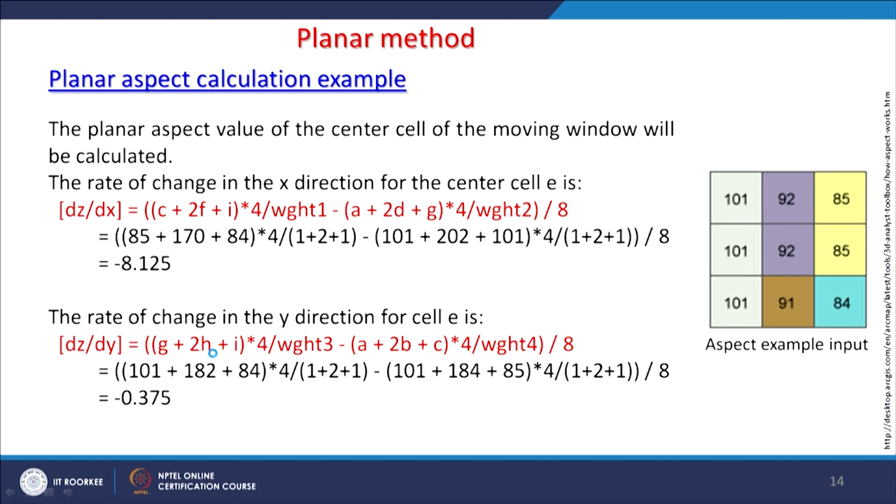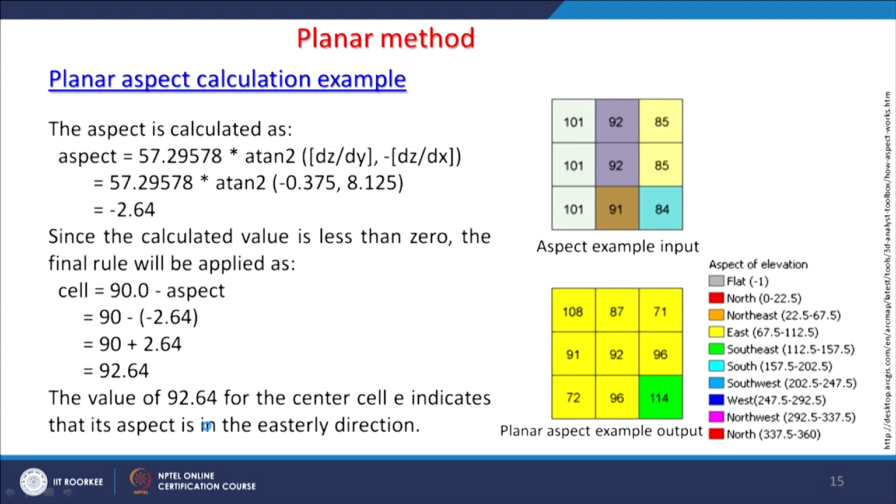An example is given here. This is my aspect calculation. This is my input raster, only a 3 by 3 example is given here. Values are substituted in the x direction equation, and values are substituted for the y direction calculation, and then you get these values. After this you have to combine them, and once you combine, the value becomes 92.64 for the center cell E, which indicates that the aspect is in the easterly direction.